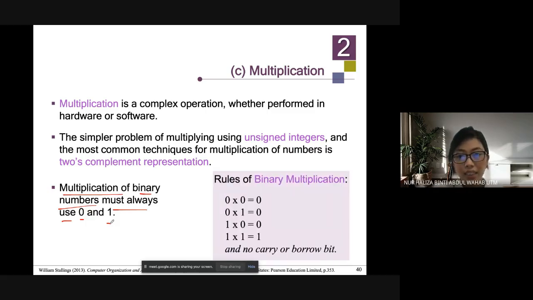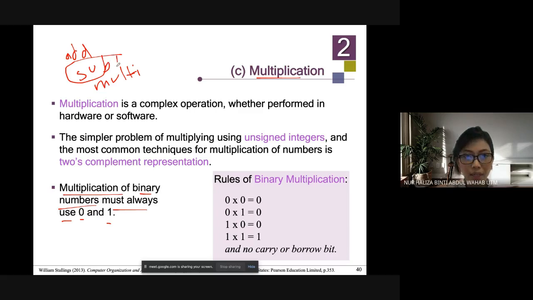So here we will have rules. How many tables do you have already? 2 already. Just now the adding table, and then the subtraction table. Now you have a multiplication table. Don't make mistakes, especially with the subtraction just now, I reminded you many times. Don't make a mistake when you are having 0 minus 1. So 0 minus 1, the answer will be 1.